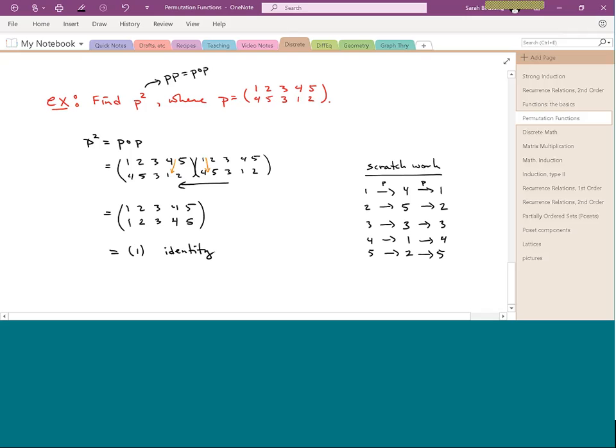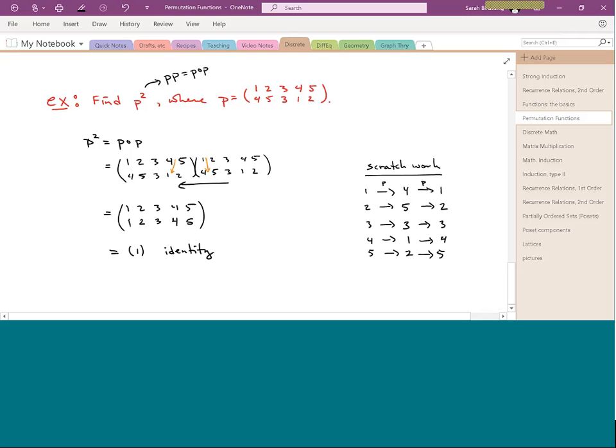This happens. It turns out if you keep on raising your original permutation to powers, keep increasing the powers, eventually every permutation function, if you keep going far enough, bump that exponent up high enough, will always get you back to the identity.